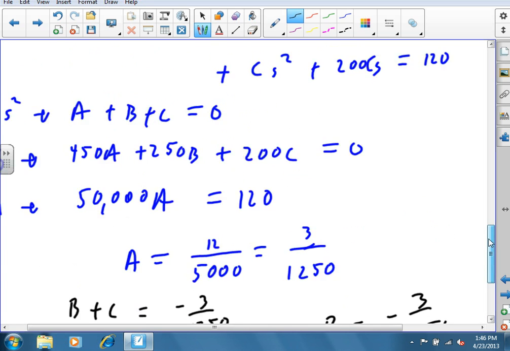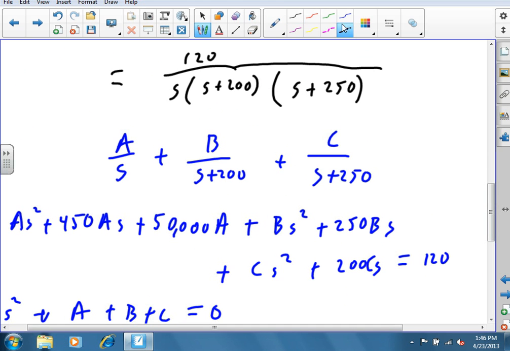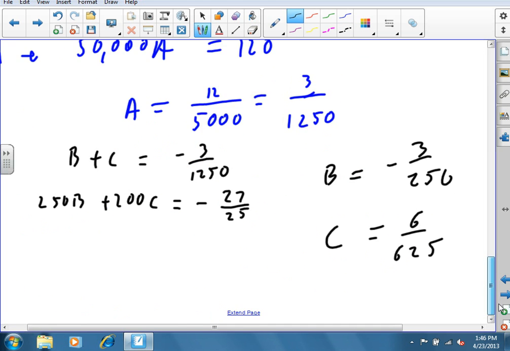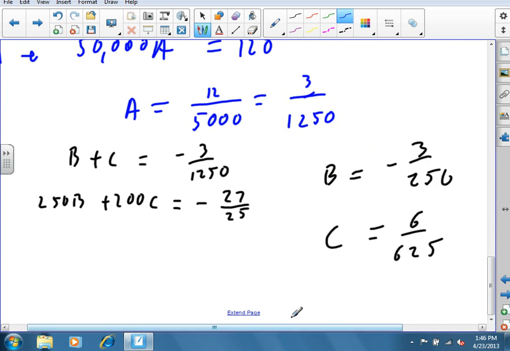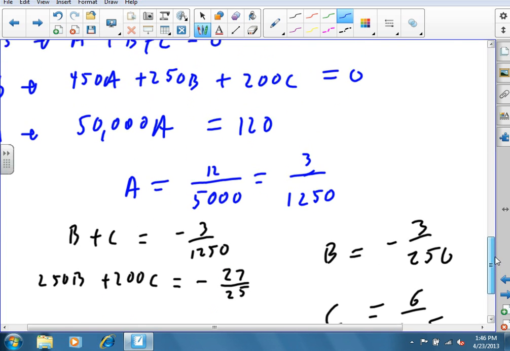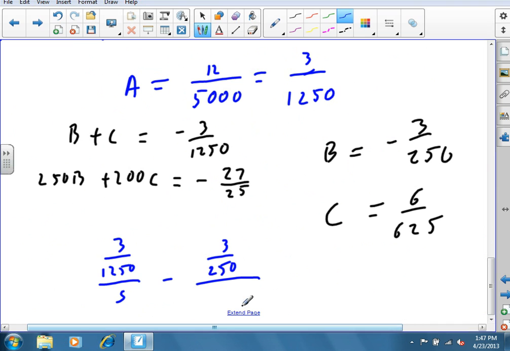Alright, so now we have to write the equation over again. So I've got, I guess I can go to black. No, I'm already in black. I'll go back to blue. So I'm going to have A, which is 3 over 1250S, minus 3 over 250 divided by S plus 200, plus 6 over 625 divided by S plus 250, right?